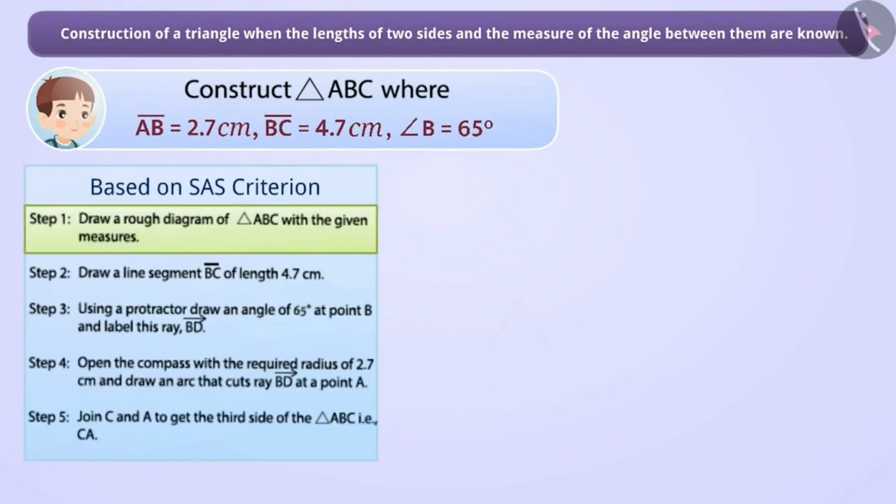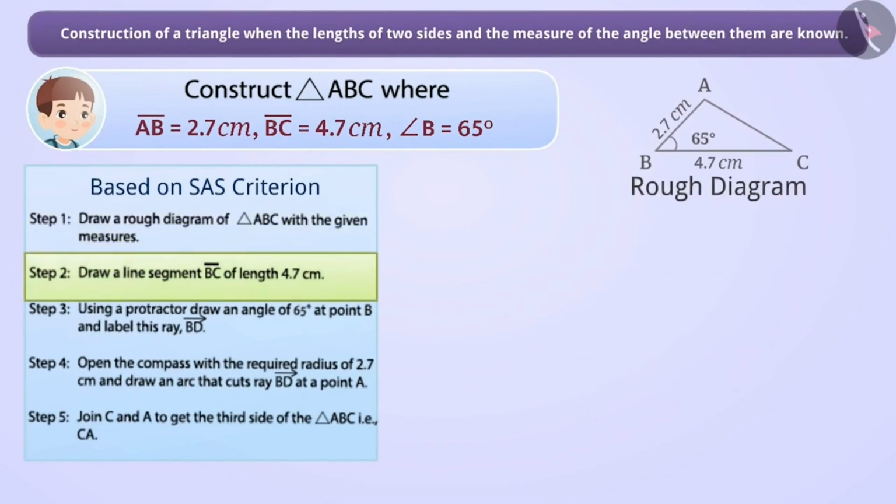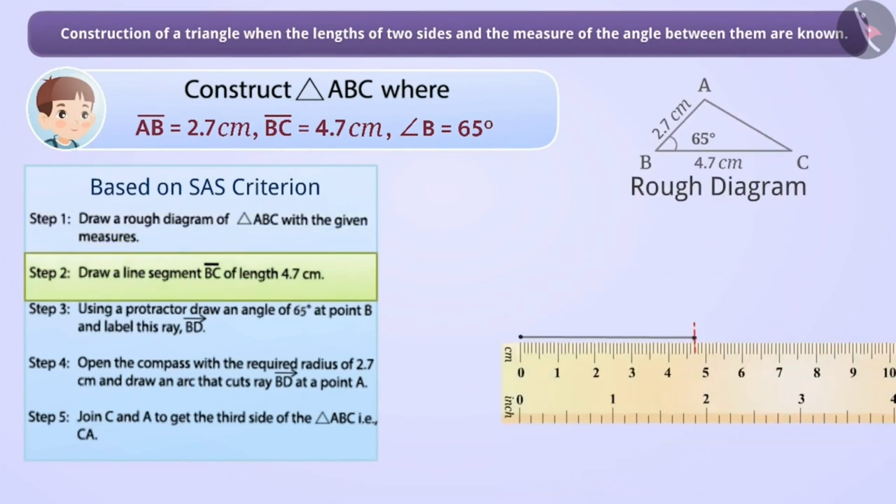Step 1. First, we draw a rough diagram with the given measures. This helps us to determine the procedure in construction. In this way, we will be able to construct the triangle easily. Step 2. Next, draw a line segment BC of length 4.7 cm.